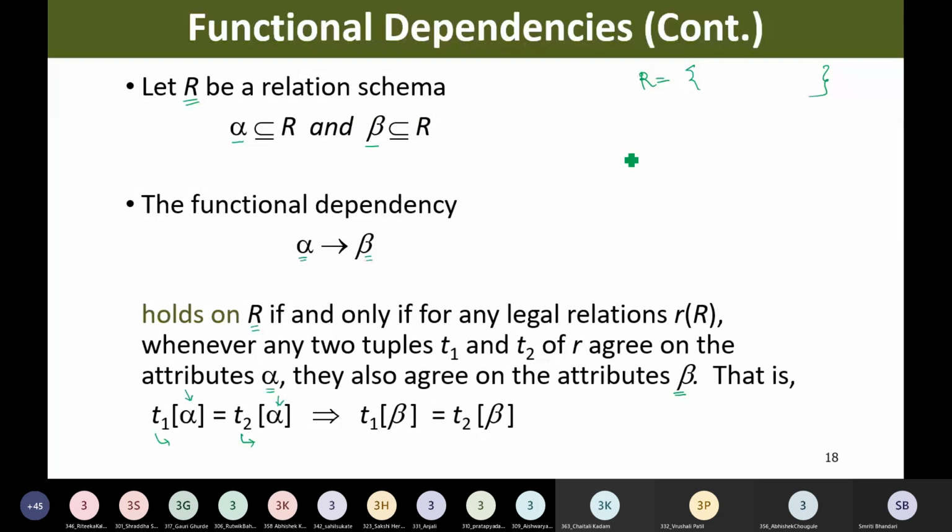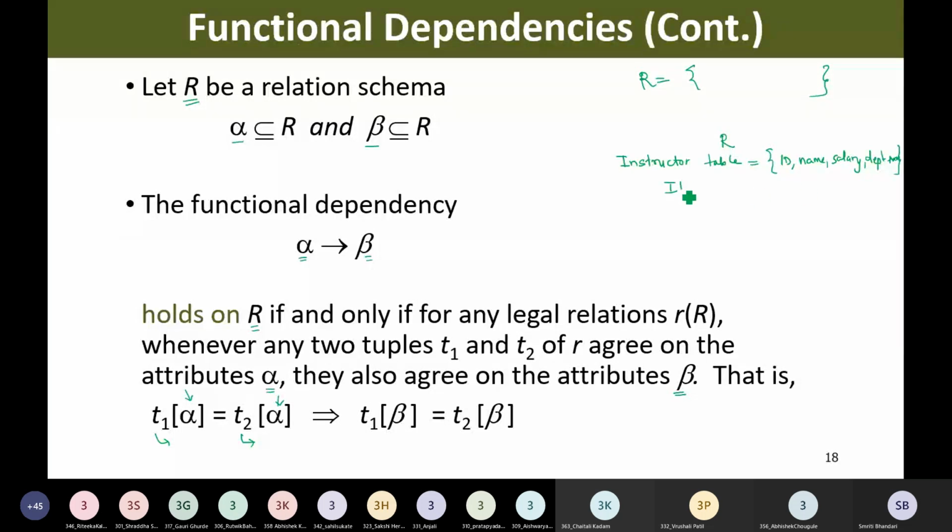I'll give you one example. Suppose I'm having an instructor table. In our instructor table, we are having 4 attributes. So my R comprises ID, name, salary and department name.